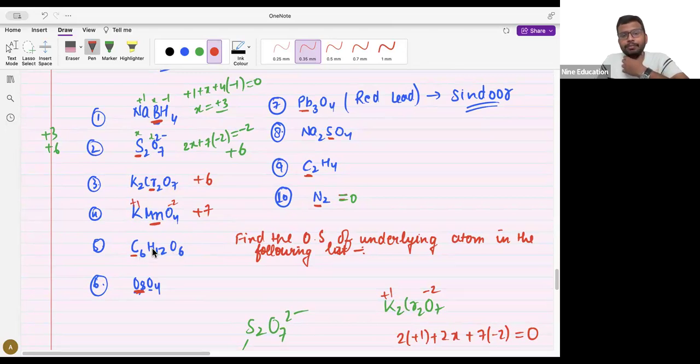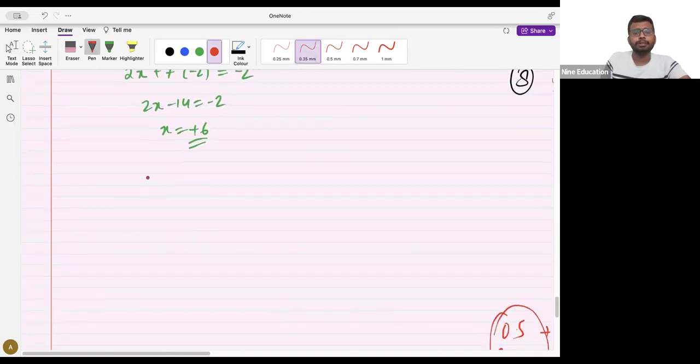Similarly, C6H12O6, many of you have done wrong. Let's see. C6H12O6, what is it called? Glucose. Take carbon as X, hydrogen will be +1 and oxygen will be -2.